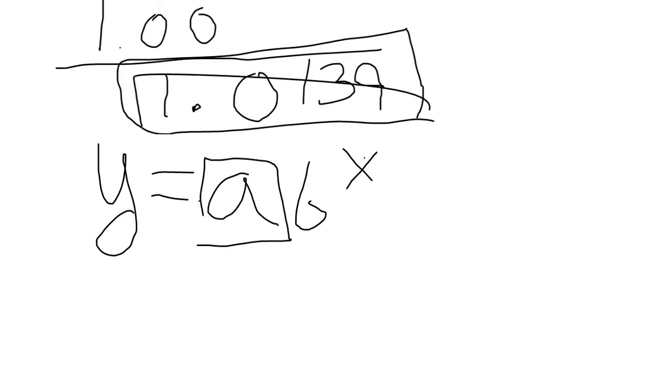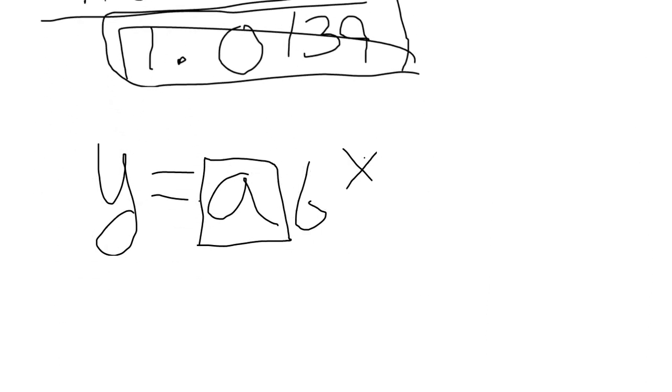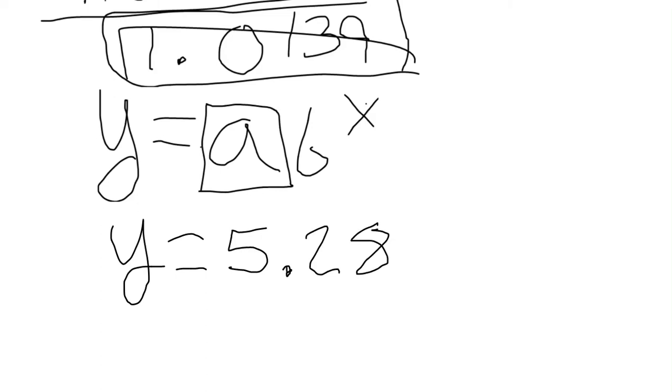So hopefully you remember from class that a is our initial point, or our y-intercept. For our problem, we changed it from 6.08 and said it was 5.28. So there's our a value. I'm just going to start writing this. y equals 5.28.